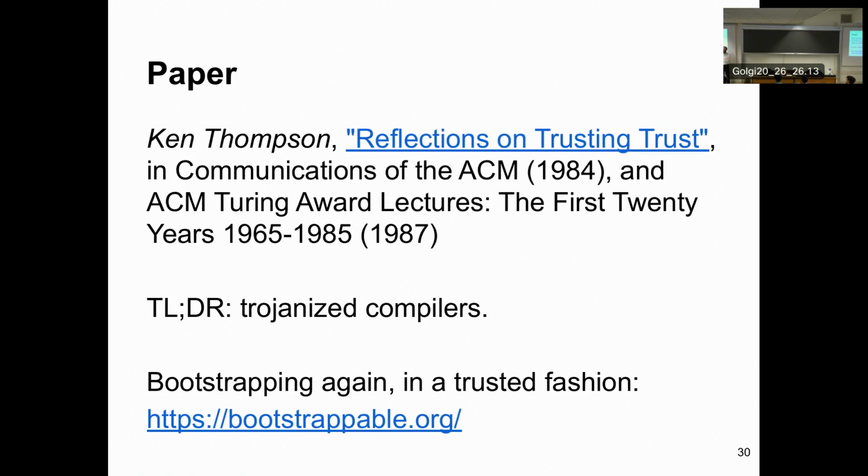How do I get across this? I rewrite a compiler from scratch from machine code. Is this painful? Boy, yes. Did they do it? Yes. Bootstrappable.org is a project in which you have a readable Lisp interpreter in machine code.